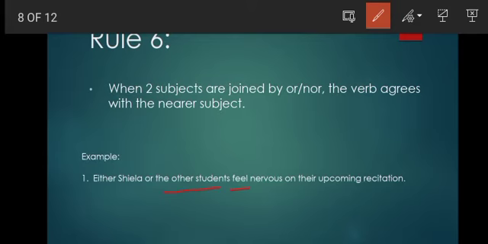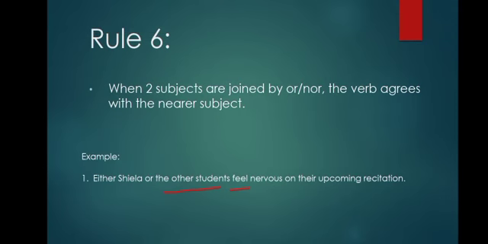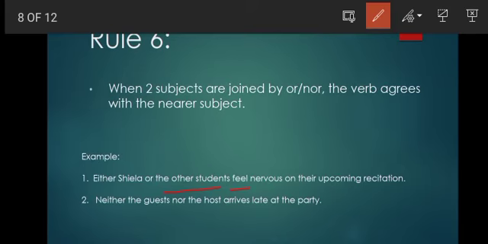The other students is in plural form, right? So we must use what? Yes, we must use the plural form of verb, which is feel, because feel is plural while feels is a singular form of verb. Next example: neither the guests nor the host arrives late at the party.